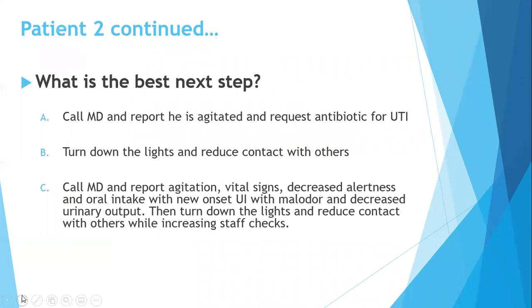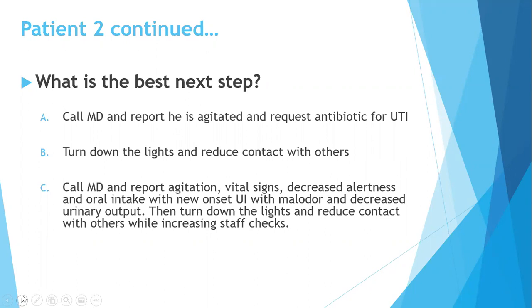So this is multiple choice, but I'll spare you having to raise your hand. We either call the MD and say he's agitated and ask for an antibiotic for urinary tract infection, or we turn down the lights and reduce contact with others, or we call the MD to report the agitation, give some vital signs, and talk about his decreased alertness, that he's not eating, with new onset of urinary incontinence, it's not smelling very good, decreased urinary output.